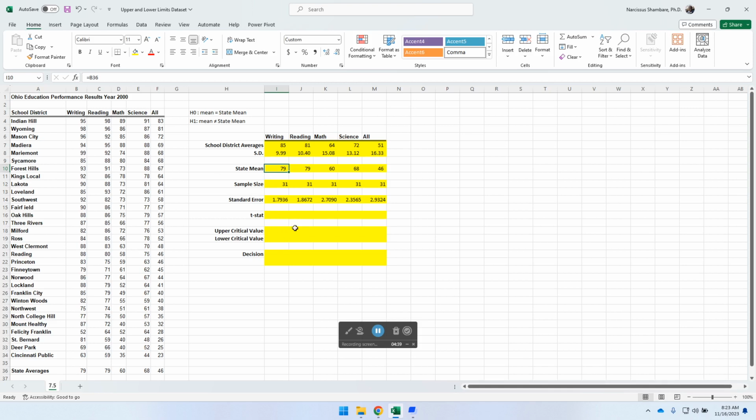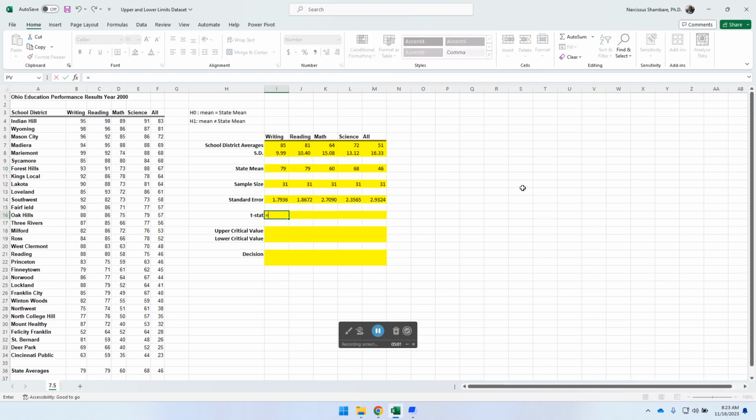The critical value, which we're also going to calculate, is a threshold or cutoff point beyond which you reject the null hypothesis. So we're going to use the t-statistic and the critical value to determine whether we should reject; in other words, we're going to make the decision right here. Let's go ahead and calculate the t-statistic.